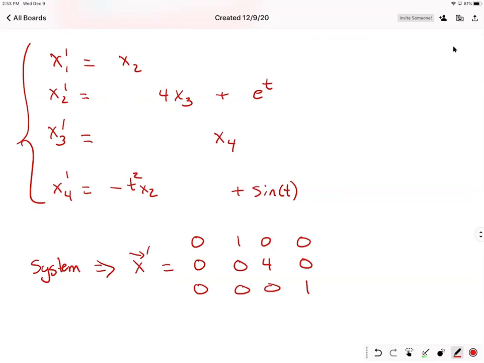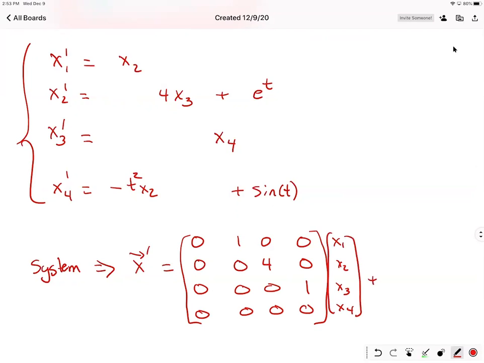And then a row of zeros. And I'm going to multiply that by x1, x2, x3, x4.